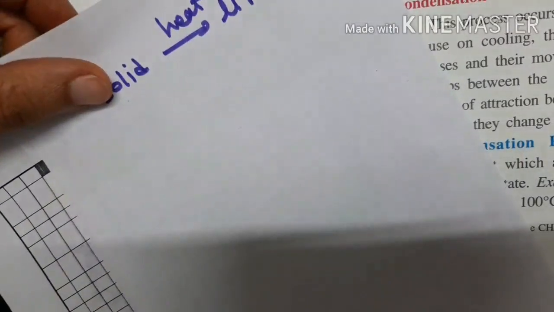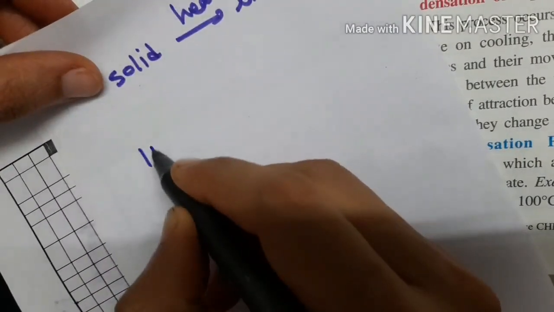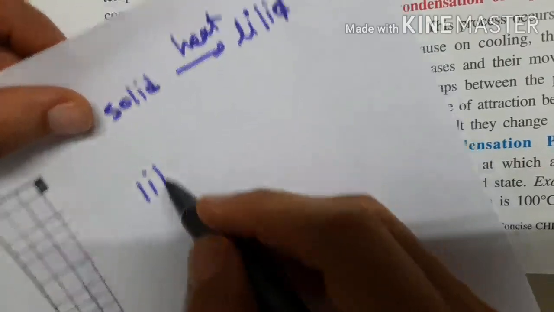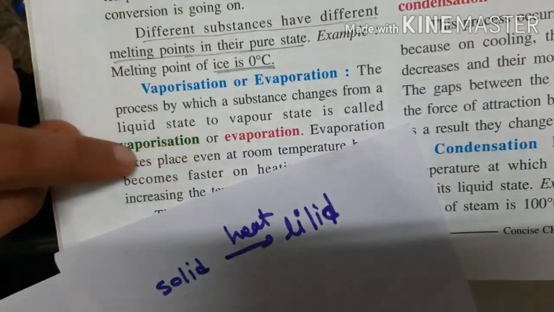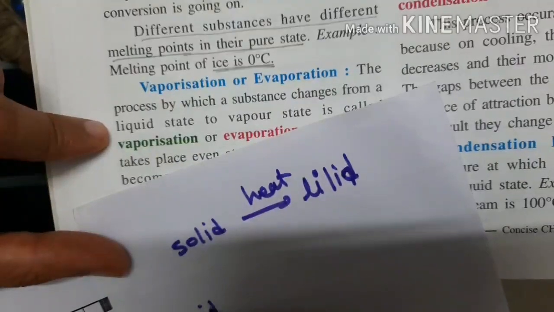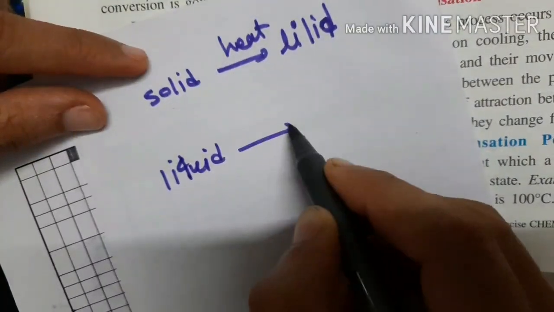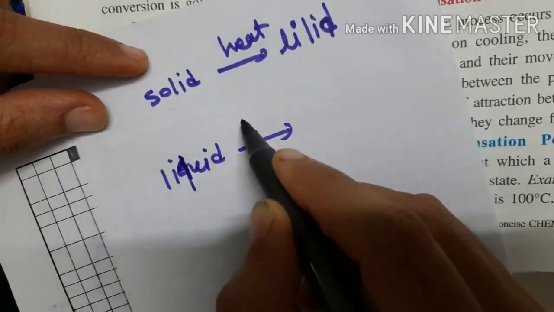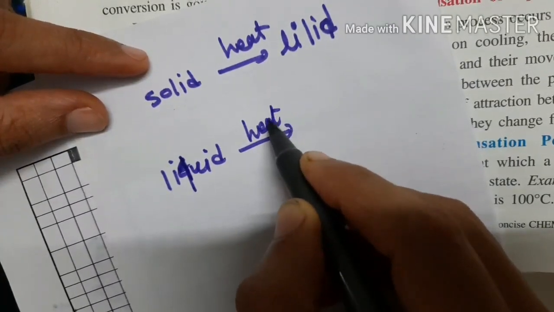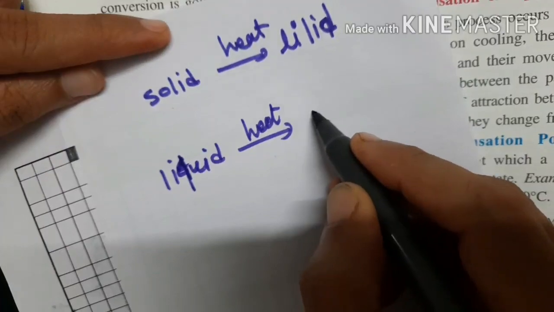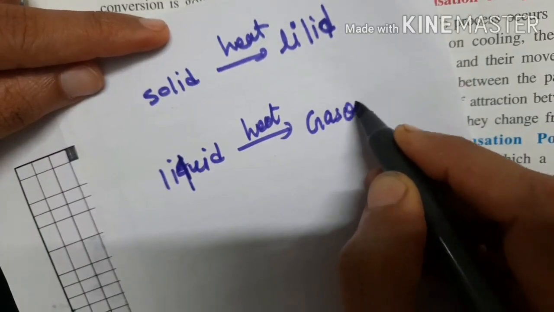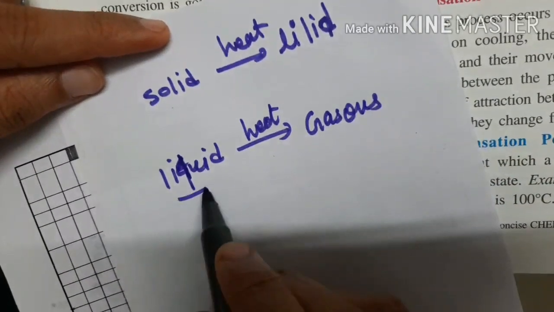So here, when we heat this liquid substance, it converts into the gaseous state.